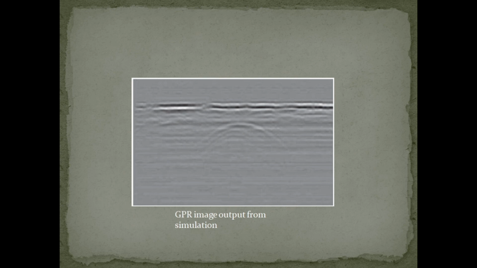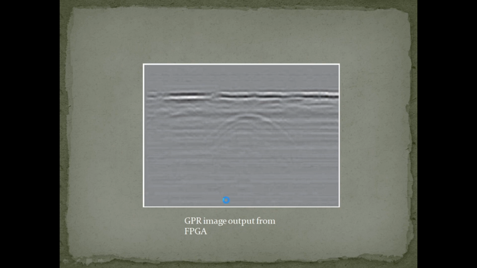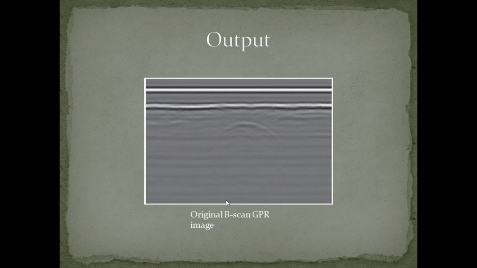Let me tell you this. They have mentioned this in the paper as well. To compare the simulation with the implementation, this is the implementation result. This is the simulation result. This is the original B-scan GPR image. And to compare the simulation with the implementation, the original B-scan GPR image is stored in the flash memory first, and then it is fed to the FPGA through I2C interface.